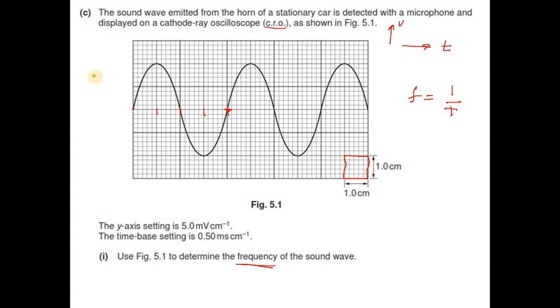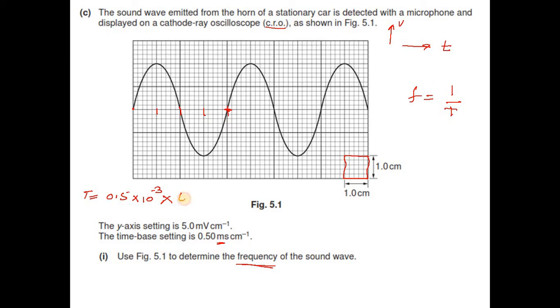So the time period T would be equal to one box, 0.5 times 10 to the power minus 3, because it is millisecond, times 4, because we have 4 boxes for one wave.